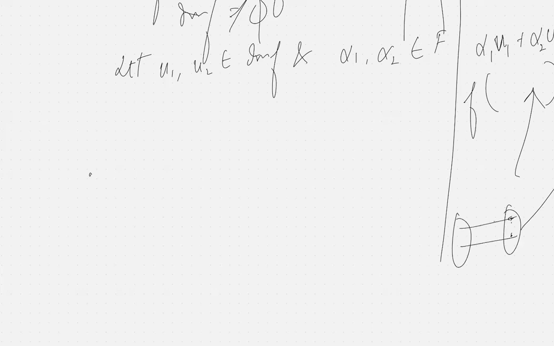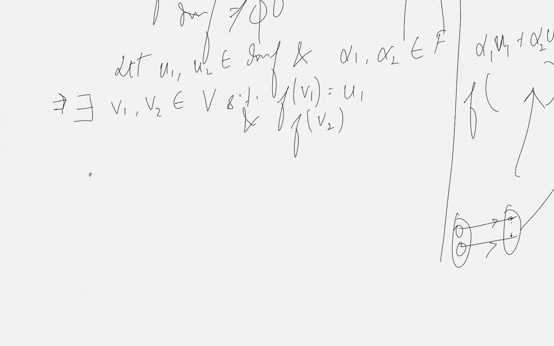So this implies there exist V1, V2 that belong to the domain V, such that f of V1 is equal to U1 and f of V2 is equal to U2. We can take it the other way also, that's not a problem. The thing is just we have to prove what is required.